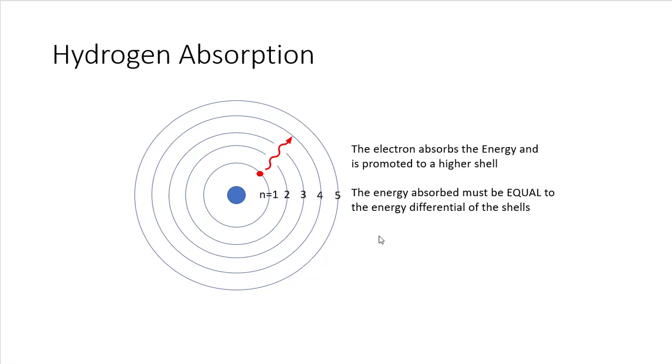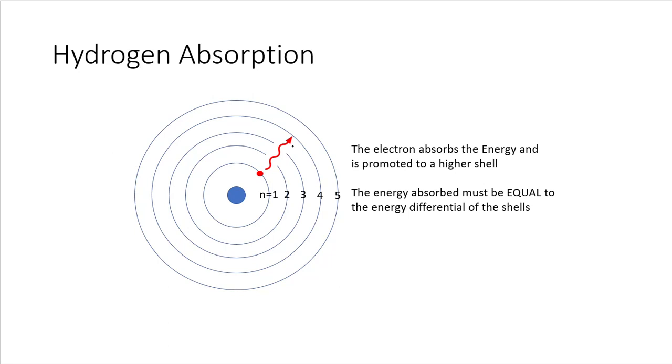The energy absorbed by the electron must be equal to the energy differential of the shell. What that really means is you can't go halfway. In order to go from n equals 1 to n equals 4, you have to absorb energy that is exactly equal to that gap. If you absorb less, you can't get all the way up to 4. If you absorb a little more, you can't go halfway. This is called the quantization of energy.